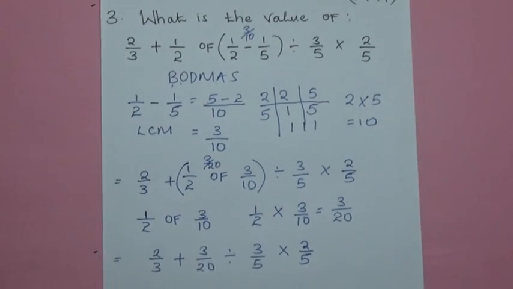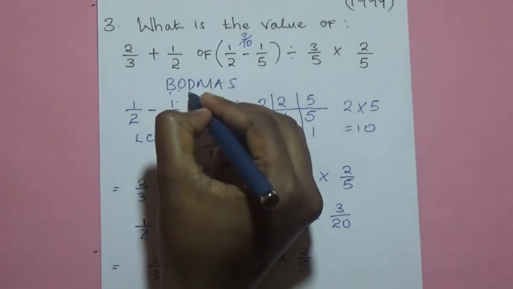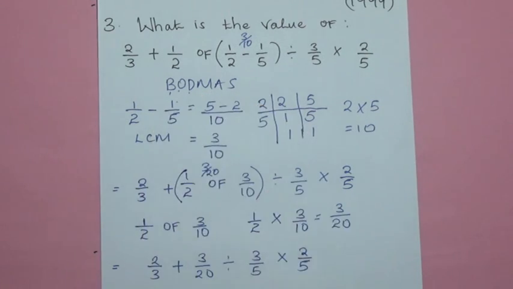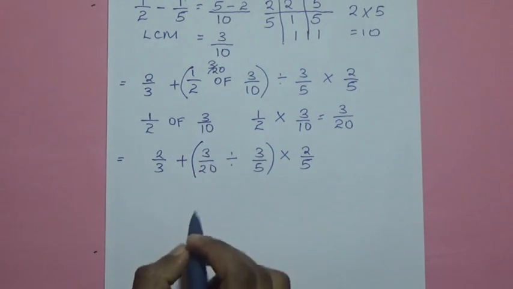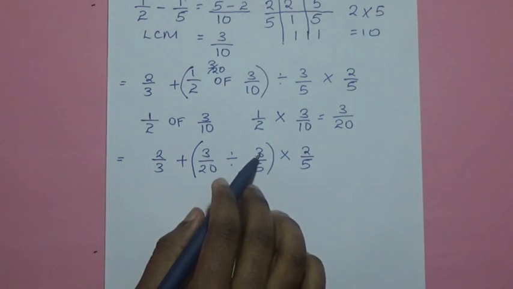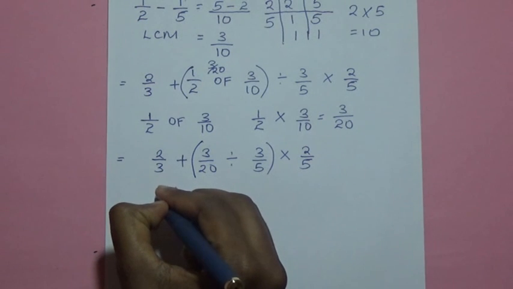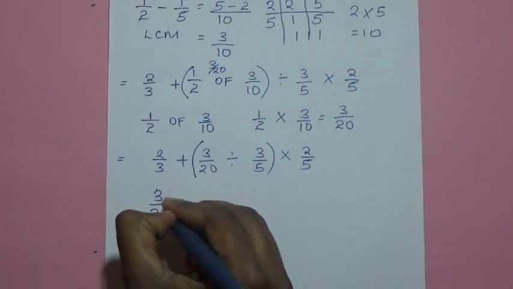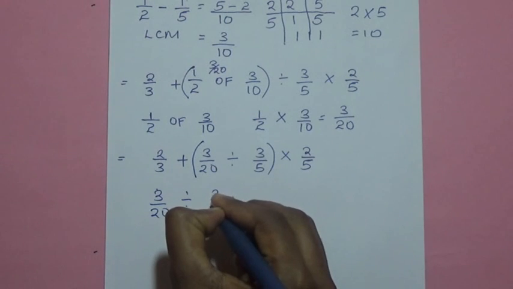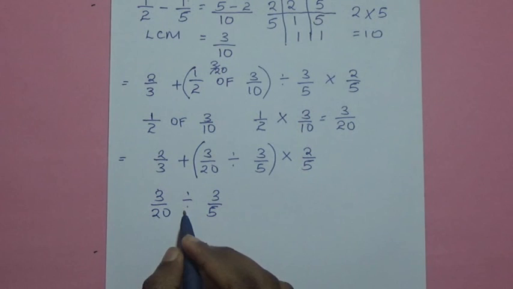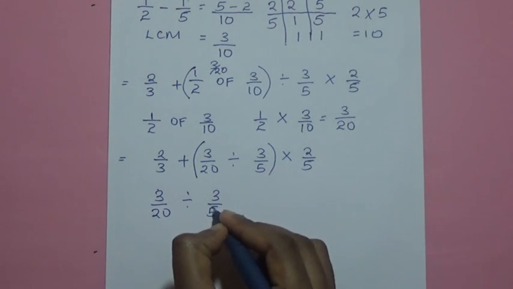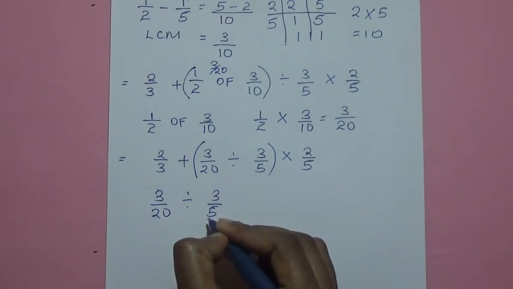Now, we are done with of. The next one is D, meaning division. So, we work out 3 over 20 divided by 3 over 5. Now, when you are dividing fractions, we know that you change the division sign into multiplication, and then you find the reciprocal of the second fraction.